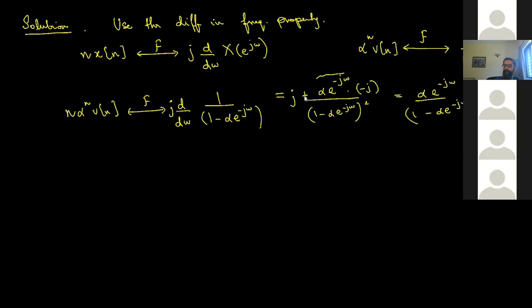So is this what you were saying? Yes sir. Right. So what we have is n times alpha raised to power n u of n has a Fourier transform which is alpha e raised to power minus j omega upon 1 minus alpha e raised to power minus j omega whole squared. But this is not what I want to write.